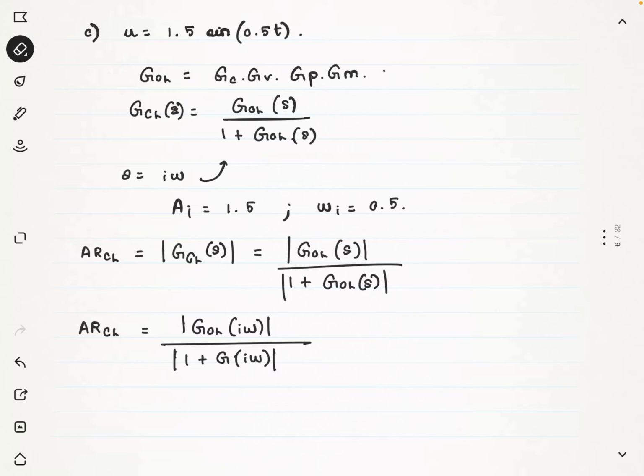So we know that a complex number can be expressed in polar coordinates as, if z is the complex number, then in polar coordinates it can be expressed as modulus of z e power minus I theta.